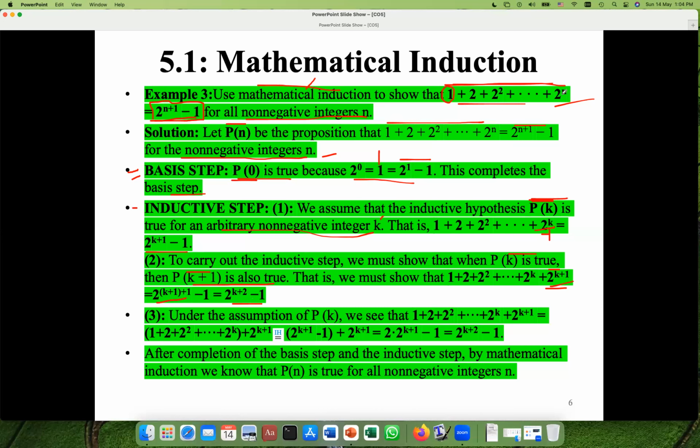When you are putting k plus 1 in this equation, always show this previous step. Sometimes it can happen that you will not show it, you just put k plus 1 here, and then you will have 2 plus 1 plus 2 plus 2 raised power 2 and so on plus 2k plus 1 directly.